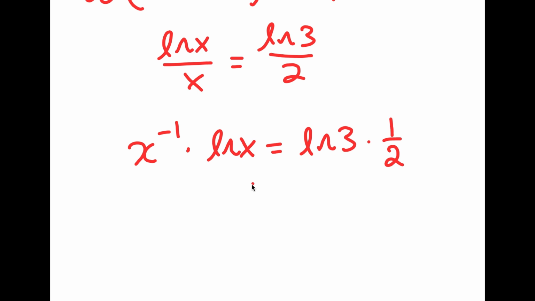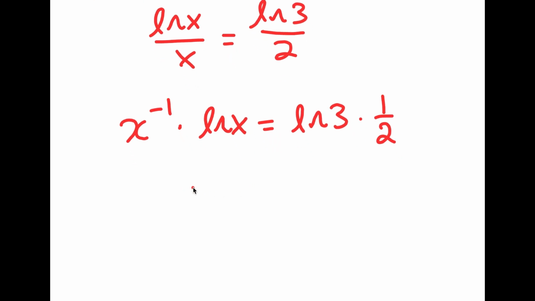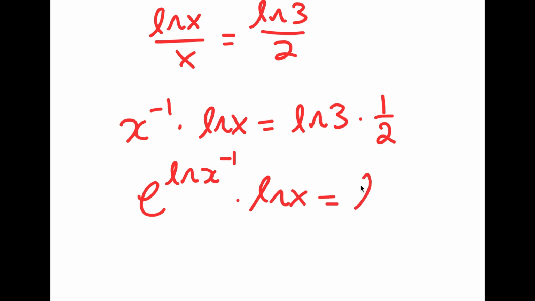Now, I'm going to take e to the power of both sides. So I get e to the power of ln x to the power of negative 1 times ln x is equal to ln square root of 3.